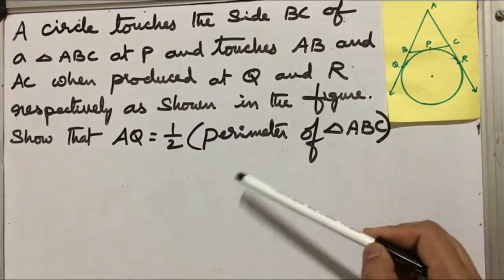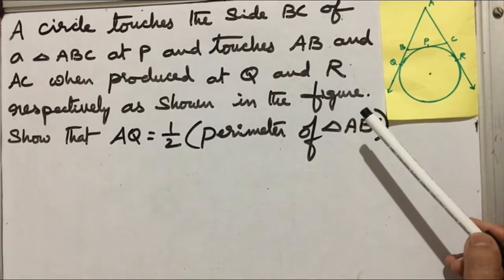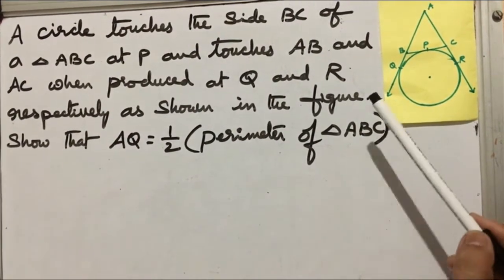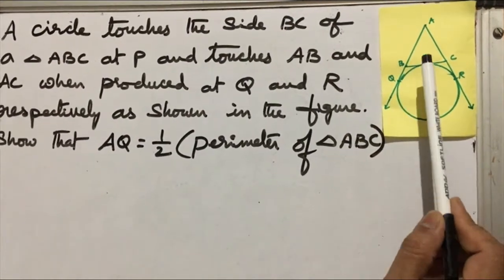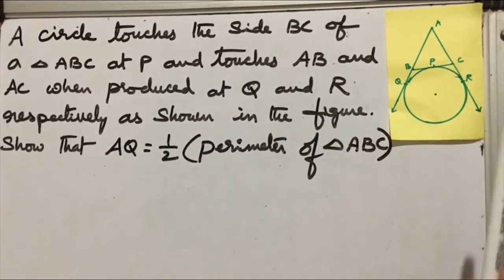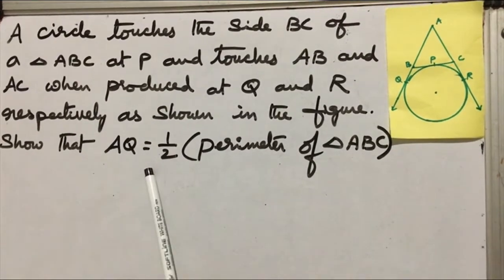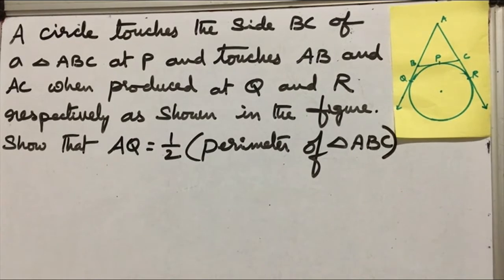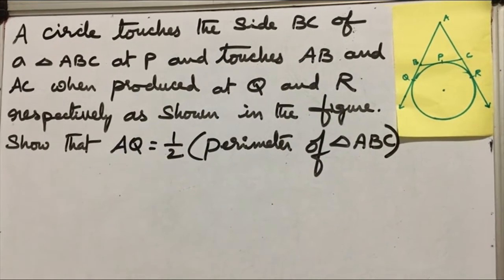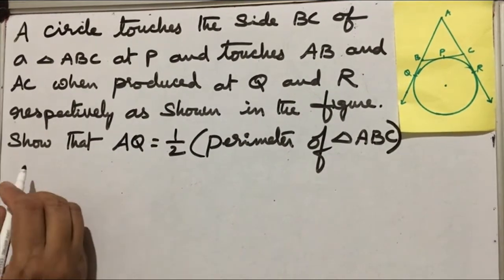We know very well what is the perimeter of triangle ABC. It is nothing but the sum of all the 3 sides of triangle ABC. It is AB plus BC plus AC. So we have to show that AQ is equal to half of AB plus BC plus AC. This is one of the important results of circles.